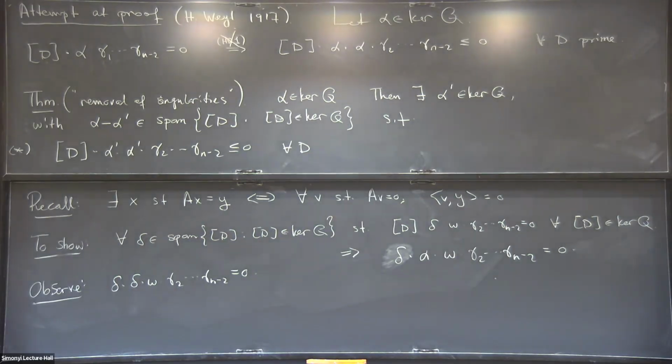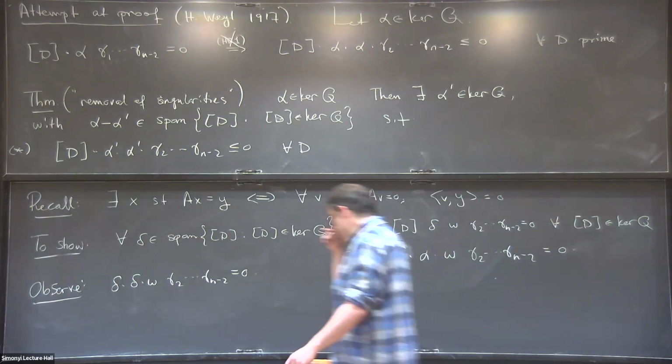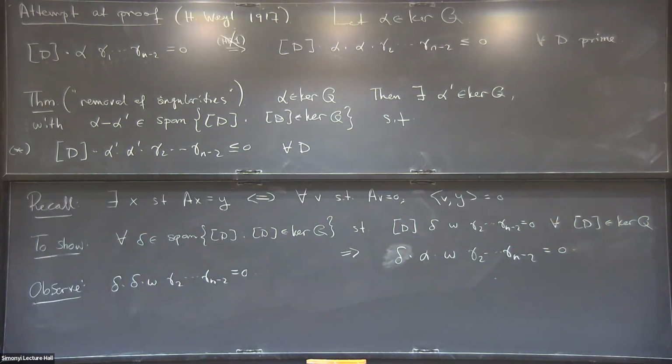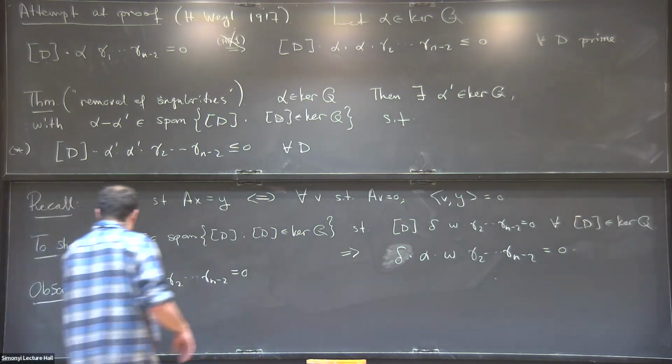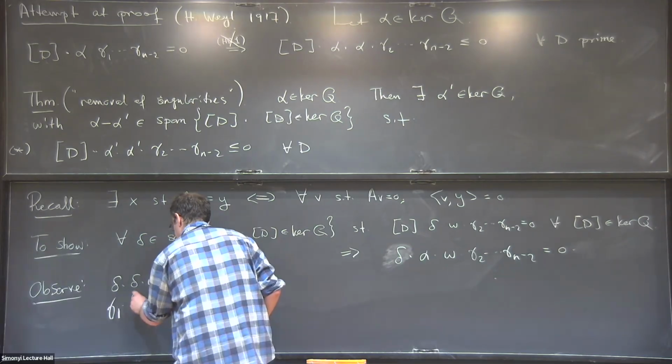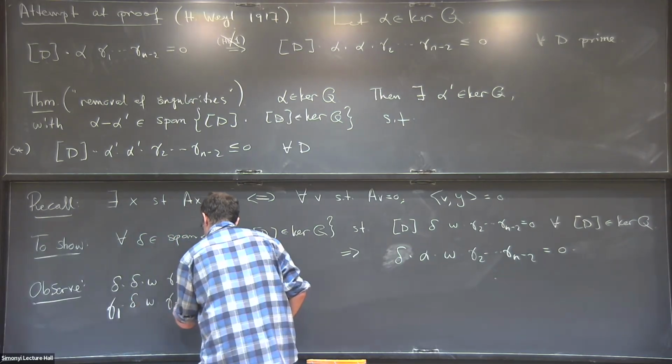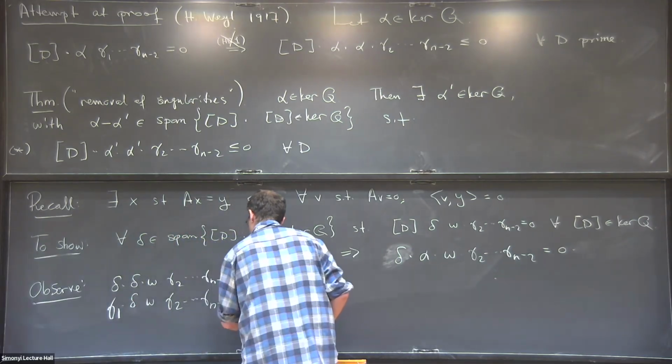So far, so good. Now, that's one thing we can observe. Now, another thing we can observe is that if I take gamma 1 dot delta dot W dot gamma 2, gamma n minus 2.